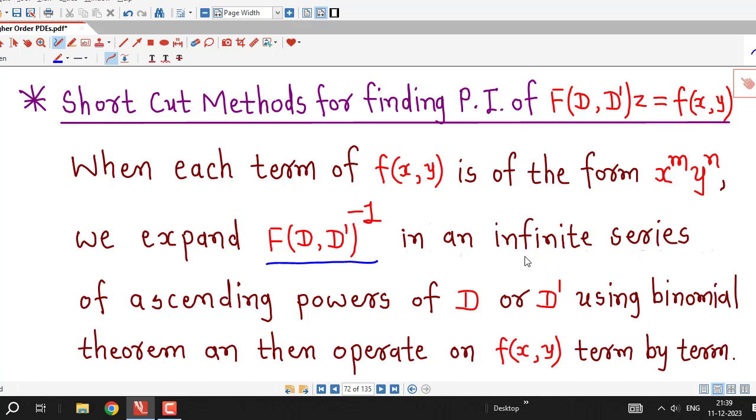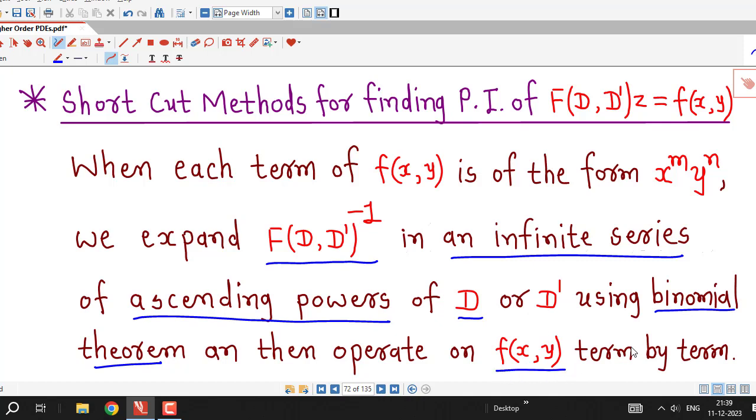We will expand this f(D, D') raised to minus 1 in an infinite series of ascending powers of capital D or D' using the binomial theorem and then operate on the right hand side function f x y term by term.